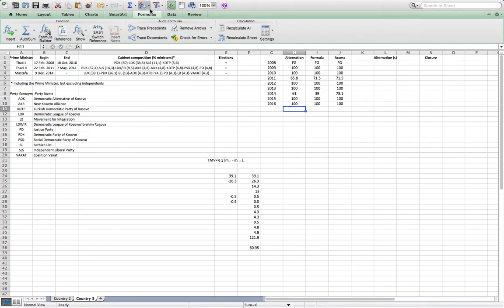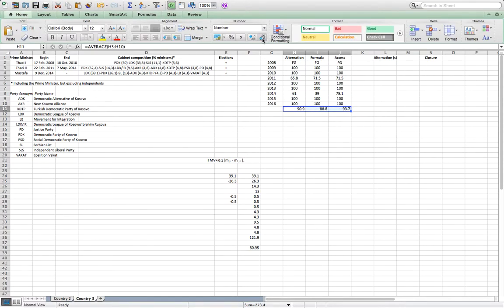Now, the same operation as we had before. We have to basically have the mean of every single year, every single dimension, sorry. I usually like always to round it to the first decimal. We know that we need to standardize alternation. Do you remember the formula? So basically it was alternation minus 50 multiplied by 2, okay?